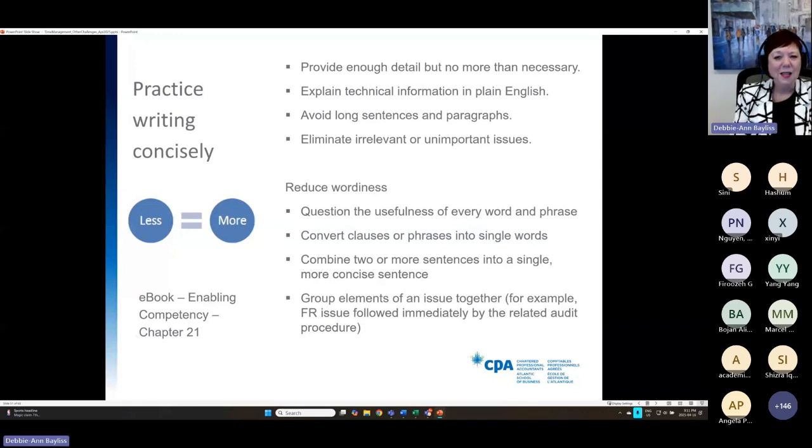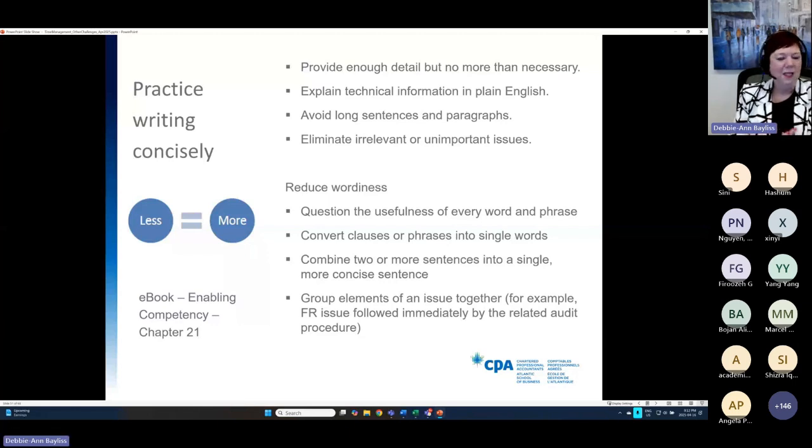Avoid long sentences and paragraphs. How do you reduce your wordiness? You know if you have a habit of writing information that is unnecessary. When you're debriefing, you're thinking, boy, I wrote a whole paragraph and the only thing that really mattered was one sentence. Cross out that information and rewrite it. Teach yourself to be clear and concise.